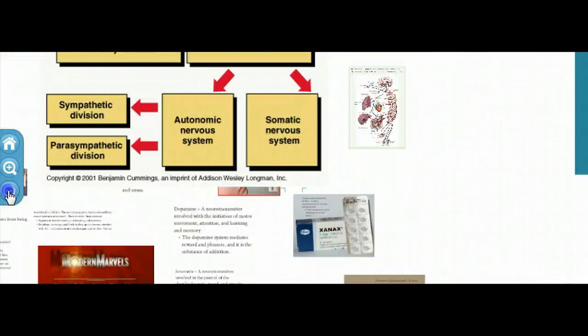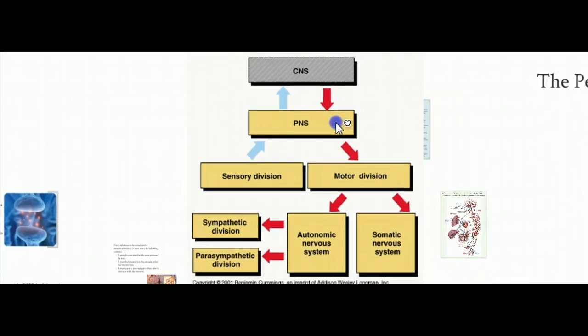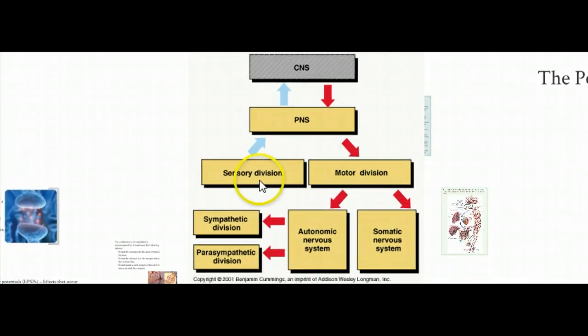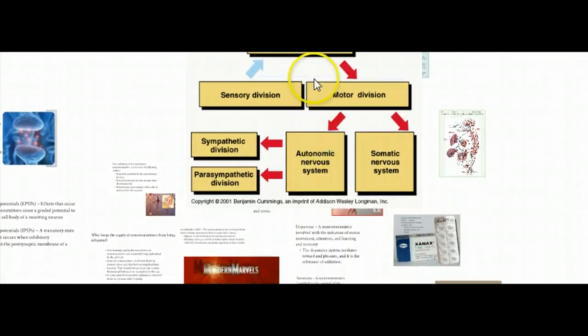Let's zoom out a little bit. I want to talk about the central nervous system, the peripheral nervous system, the sensory division and the motor division, which are very important in the peripheral nervous system. Remember the types of neurons that we have: sensory and motor. Well, in the motor division, there's further divisions.